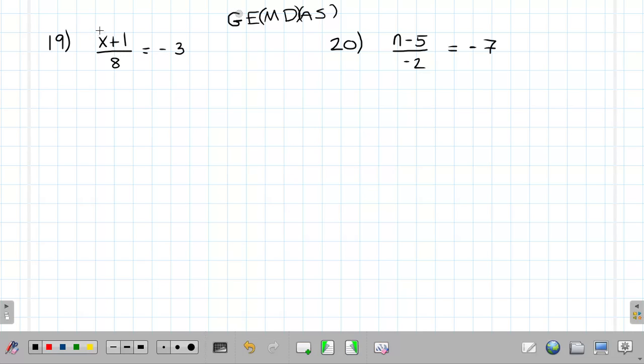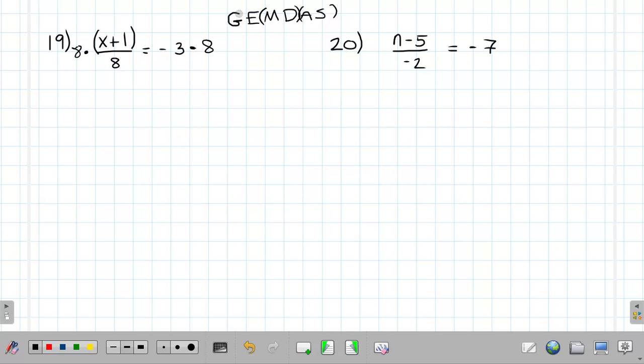So it groups the numerator together and the denominator together. Since it groups the numerator together, we have to do what's in the numerator first before we divide by 8. So we have to do x plus 1 first, then divide by 8. So we're adding 1, then dividing by 8. That means we need to multiply times 8, then subtract 1. So that's the order we have to do things here.